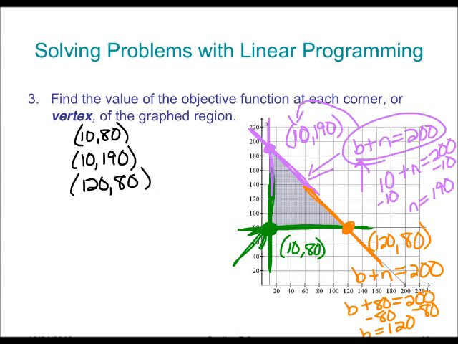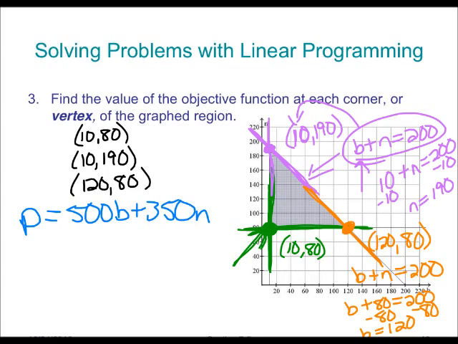Alright, now I have those 3 points. What I need to do is take these 3 points and plug them into my objective function. My objective function, see if I can remember what it is, 500b plus 350n.